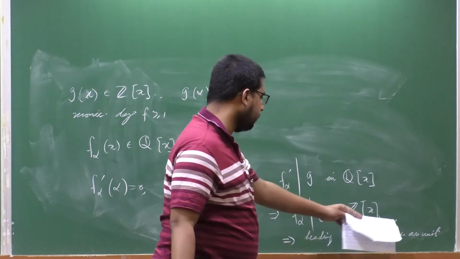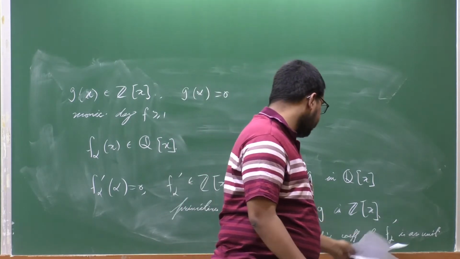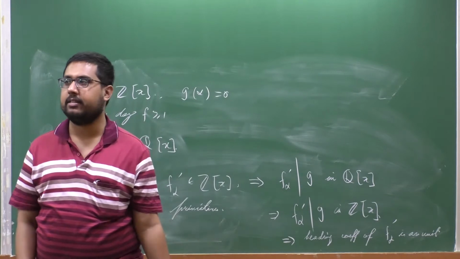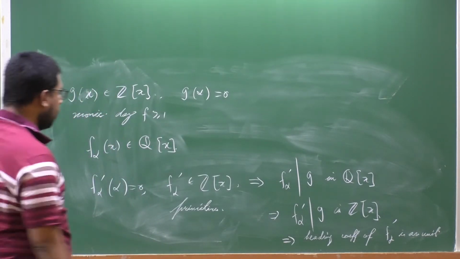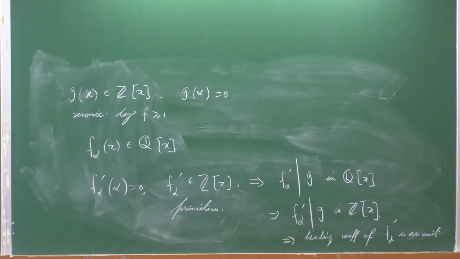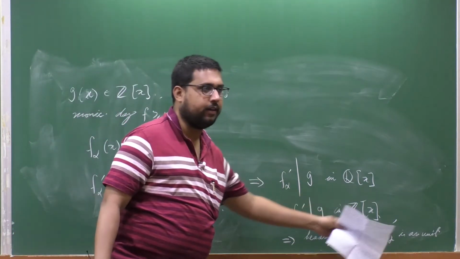It's also primitive by assumption, so it will be irreducible in Z[x] as well. Therefore we immediately obtain that f_alpha will be some unit times f_alpha prime.